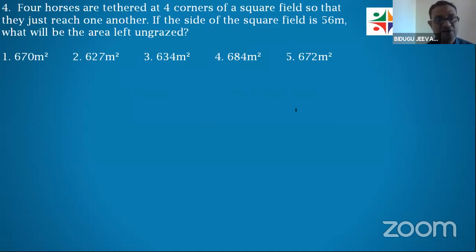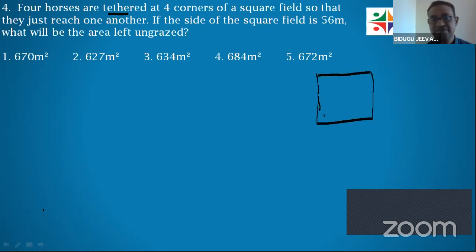4 horses are tethered at 4 corners of a square field. Great. Now here, tethered, tied, at the 4 corners of the square field. Okay, let me write. This is the square field. One corner is tied with a horse, like that at 4 corners. So here one more horse, here one more horse, here one more horse.